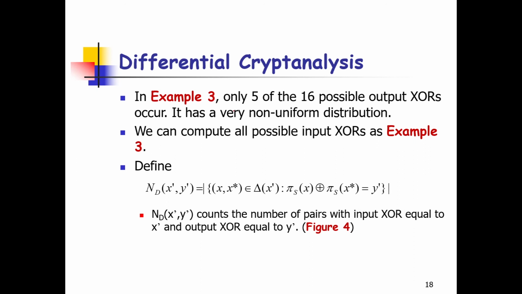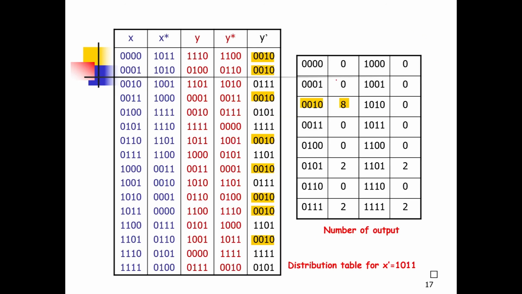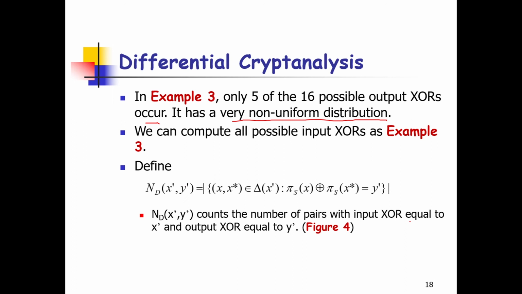In this example, only 5 out of 16 possible output XORs occur. This means that it is a very non-uniform distribution. Like we see, out of the 16, only one, that is 0010, comes 8 times, the others come approximately fewer times.